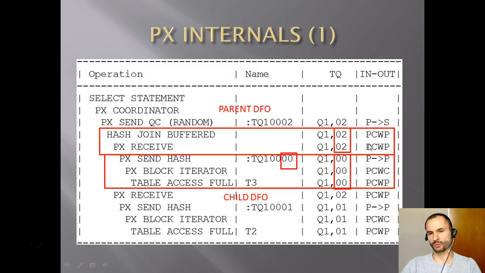So it's just another way to express that these operations are basically performed by the same parallel slave set. And whenever data needs to be sent, redistributed, then you see this parallel to parallel, or sometimes also parallel to serial, or the other way around, serial to parallel. This is all possible because you could also have serial parts of your execution plan.